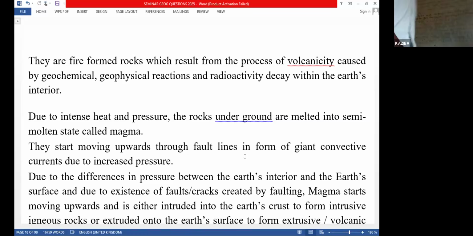Now, I want you to see this. This is the trick. So now, you have to say igneous rocks can be classified.